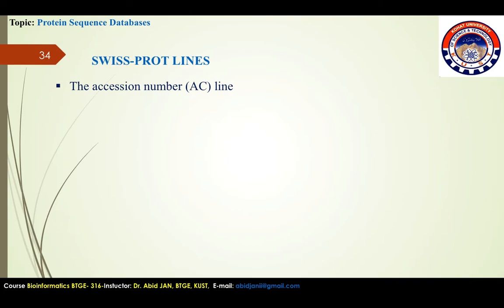If several numbers appear on the same accession line, the first or primary accession number is the most current. Next, the DT line provides information about the date of entry of the sequence to the database and details of when it was last modified.